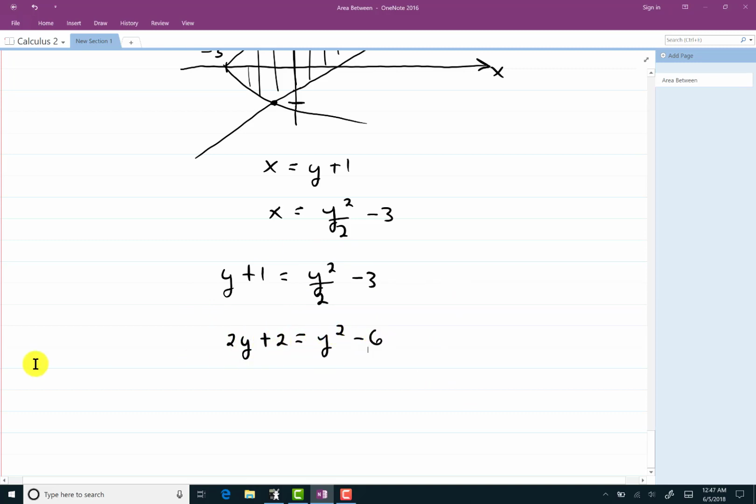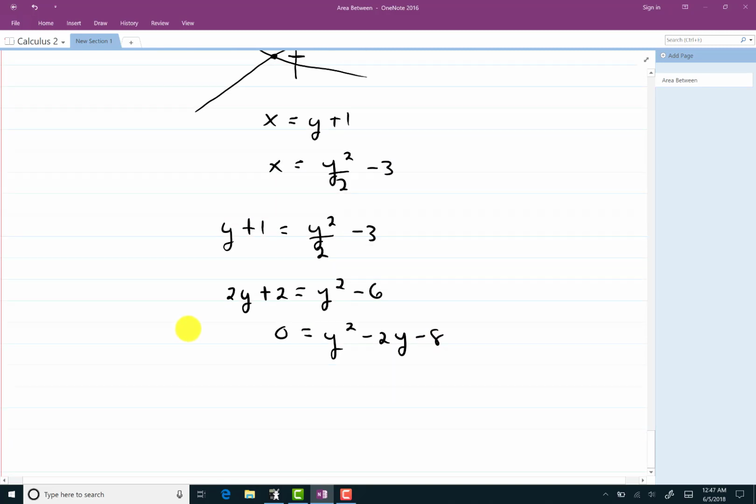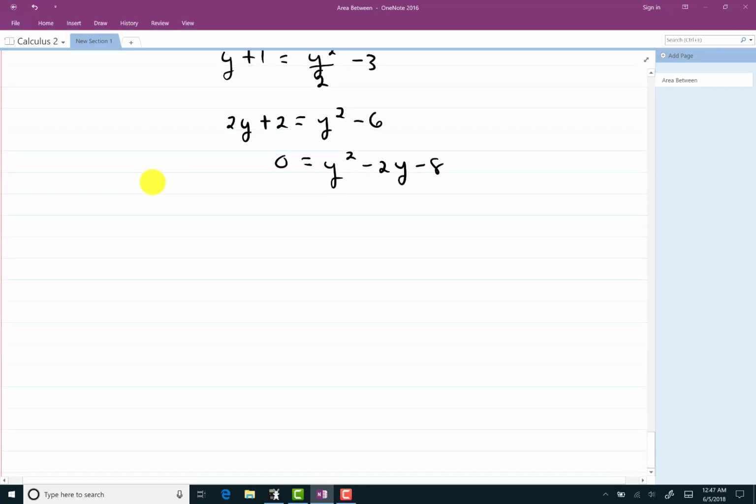And now I'll take everything to the right hand side. And factor. And I get y equals, oops, y equals -2 and 4.